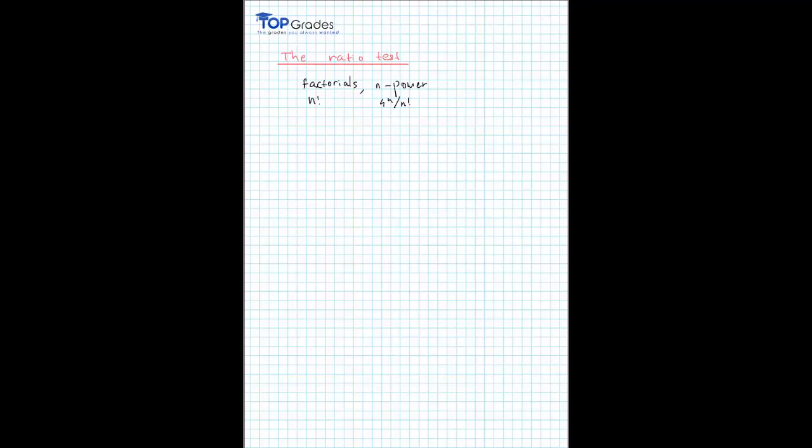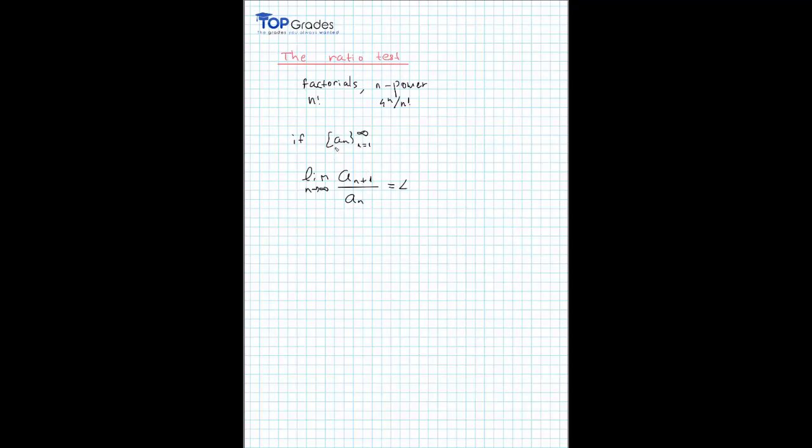What does the ratio test tell us? If we have a sequence a_n, from 1 to infinity, and we want to test if it's converging, we can do the next limit. We calculate the ratio limit. It's the ratio of a sub n plus 1 divided by a sub n.